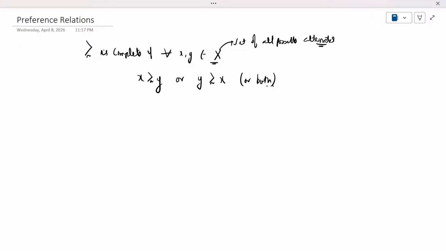So any two alternatives can be compared, and it is not the case that the decision maker is completely unable to rank a pair of options.